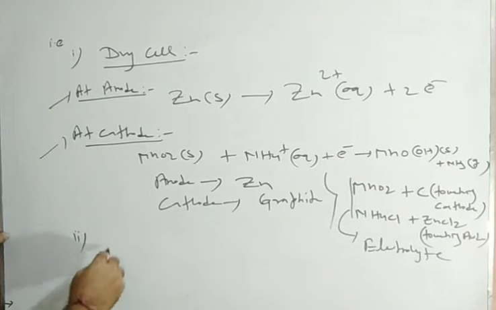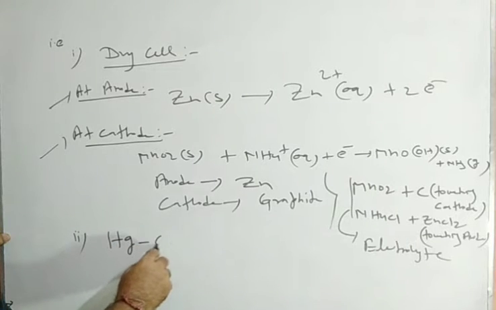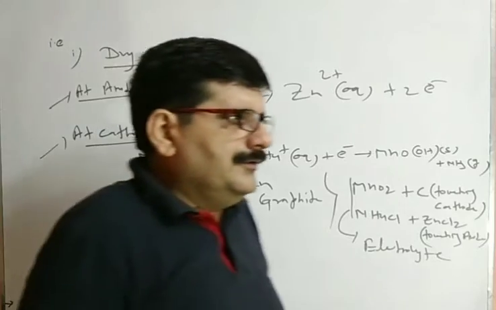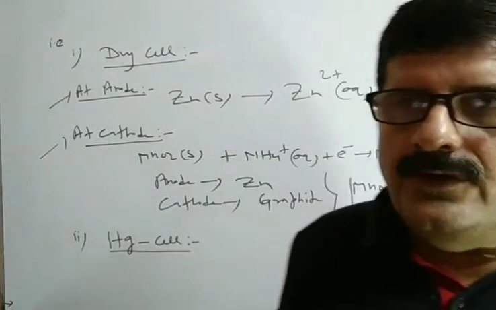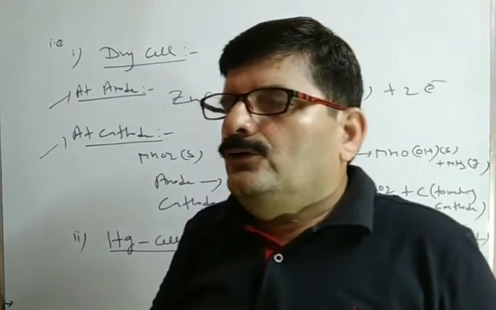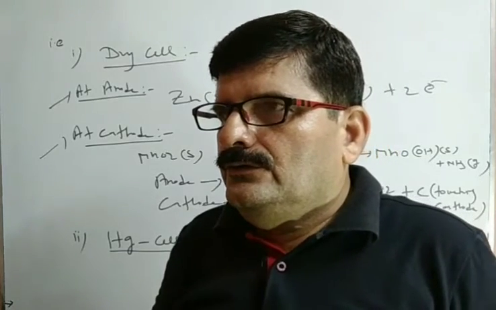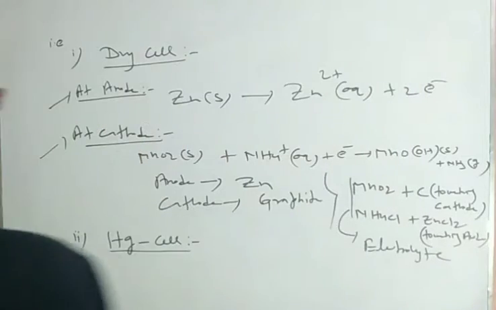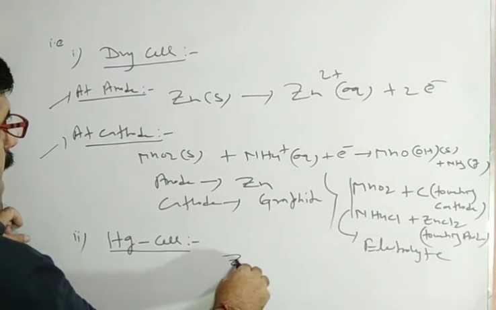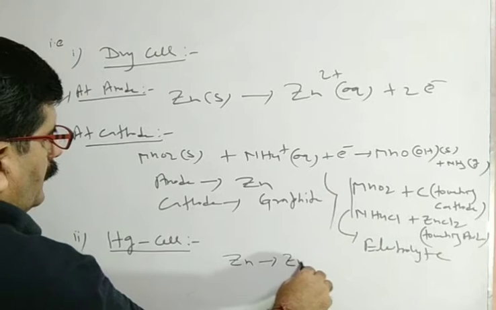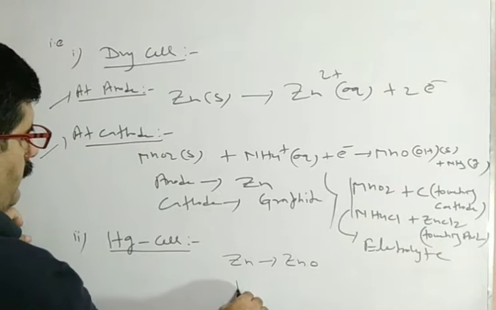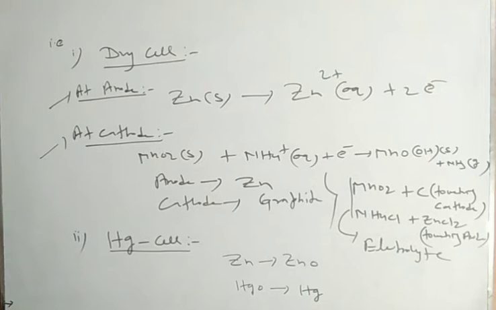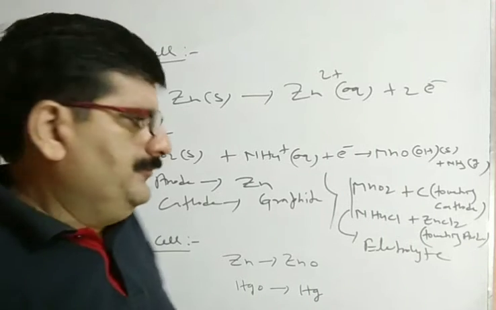Our second one, mercury cell. Mercury cell is also an example of a primary cell. That is not rechargeable in nature. You can say our reaction becomes irreversible. The following reaction is possible: zinc to zinc oxide and mercury oxide to mercury. The reaction proceeds in basic medium.